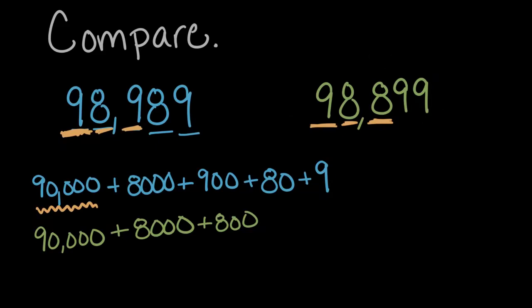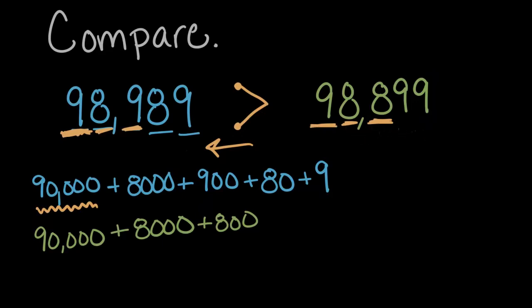Or we could say that 900 is greater than 800, so the number on the left is greater. And this is our greater than symbol because we want the open side to be facing the larger number. So we'd read this as 98,989 is greater than 98,899.